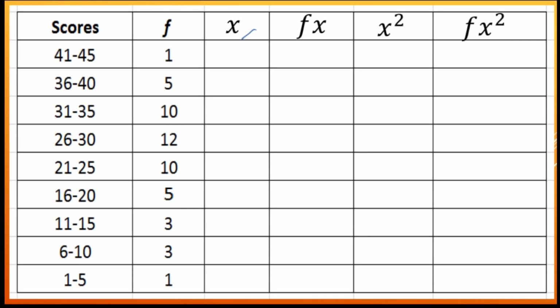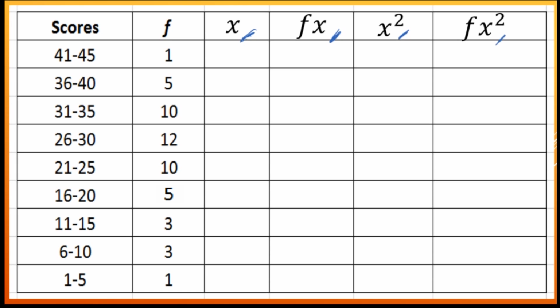We have the class mark, the product of the frequency and the class mark, the square of the class mark, and the last column is the product of the frequency and the square of the class mark.